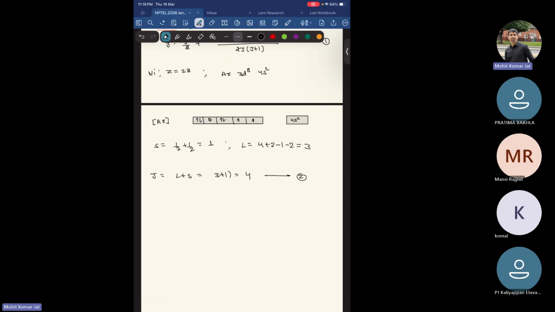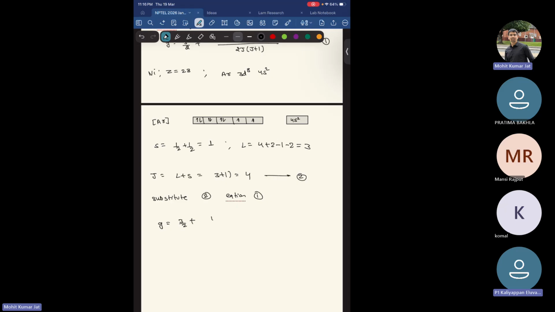Since now we have all the ingredients ready, J, S, L, we can substitute these values in equation number 1 to estimate g. Substituting equation 2 into equation 1, we get the Landé g factor to be 3/2 + [S(S+1) - L(L+1)] / [2J(J+1)].